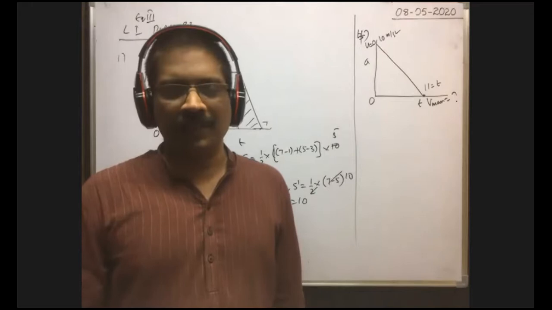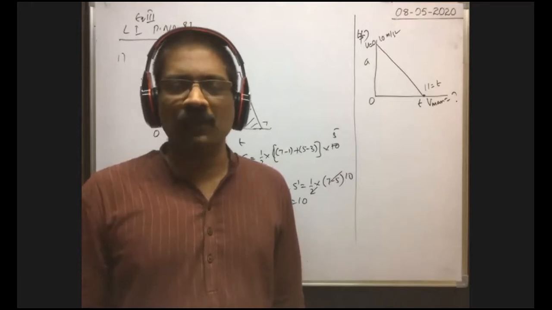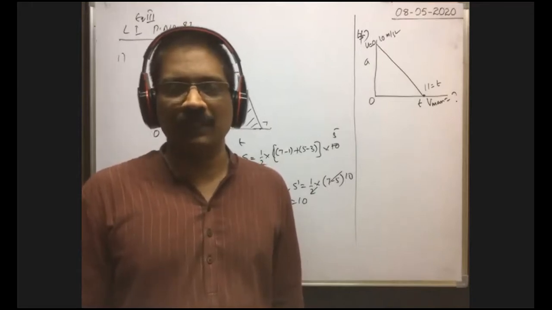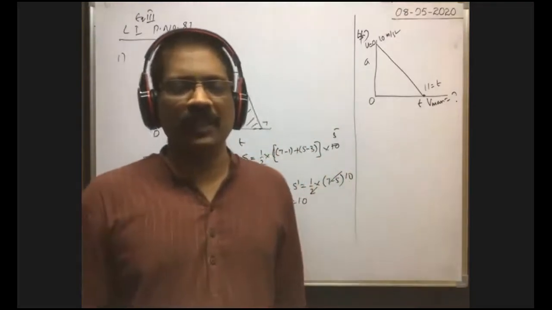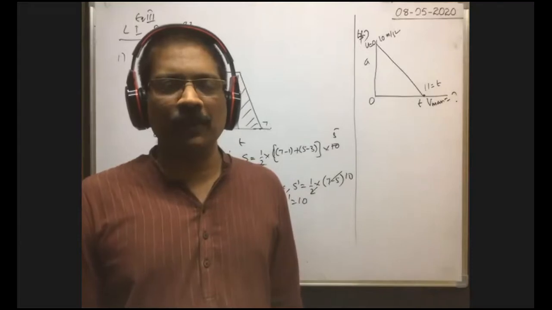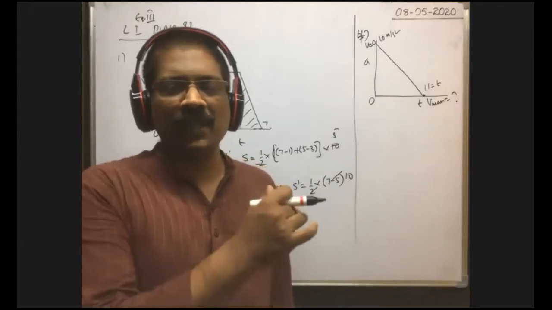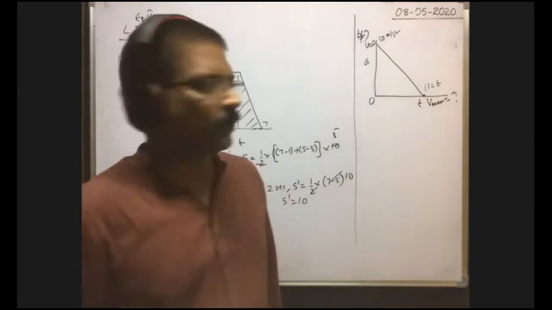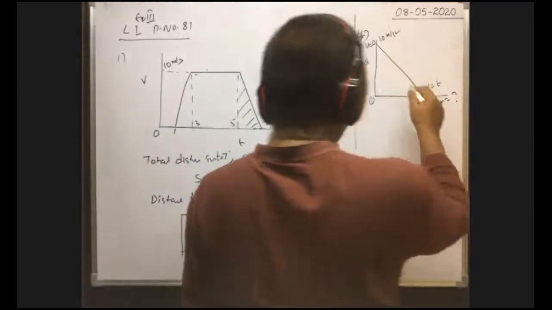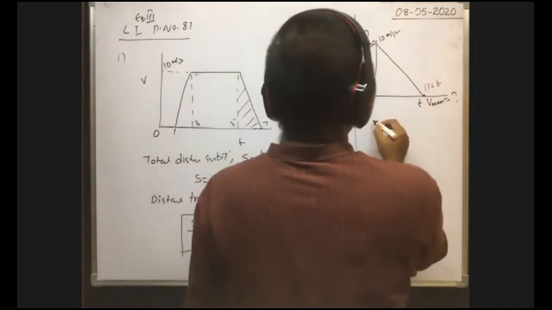A into t, that is the change in velocity, because v is equal to u plus at, so v minus u is equal to at. That means the area under this graph is the total change in velocity.